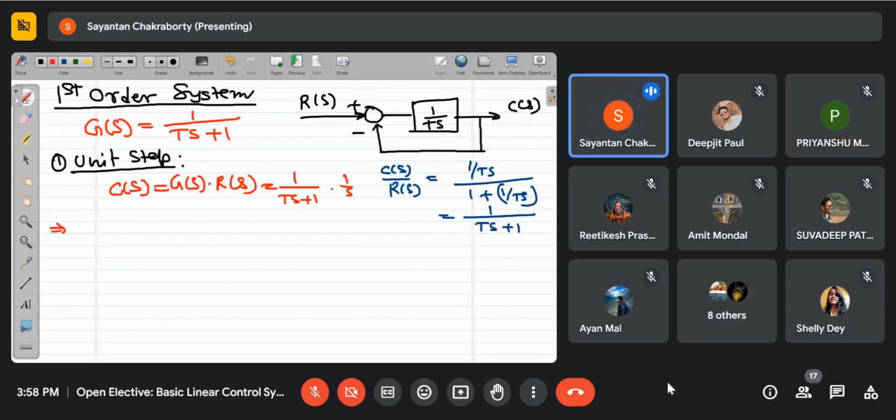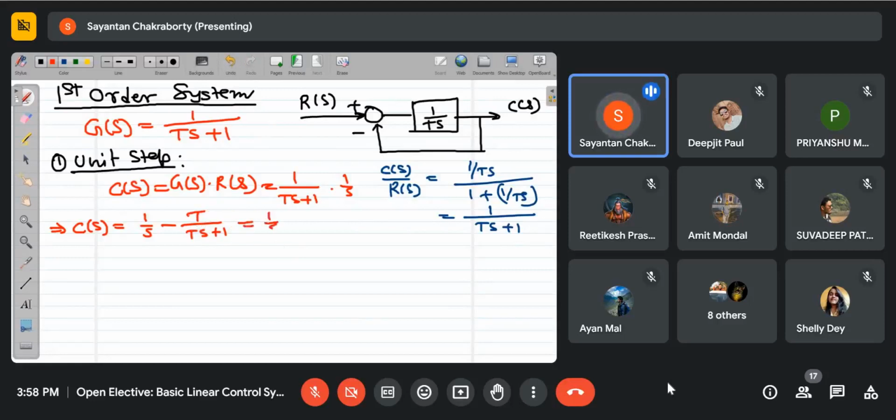Now, to partially represent this, this is the partial fraction expansion, or T will be there, obviously.